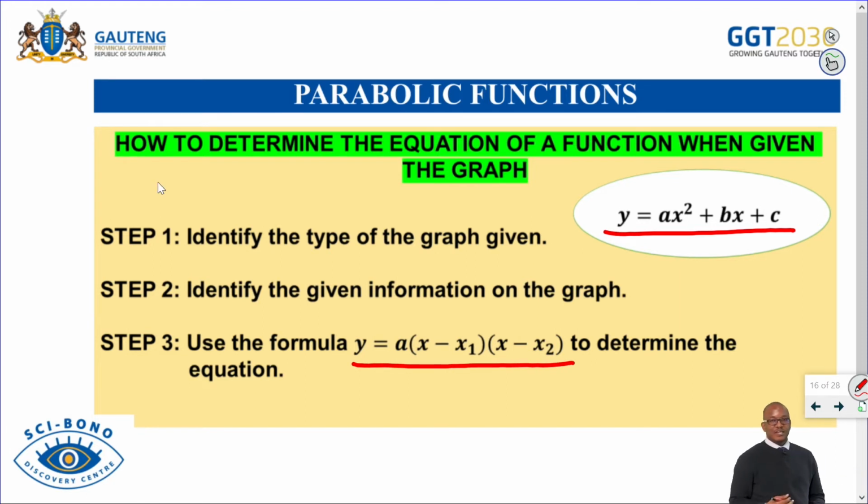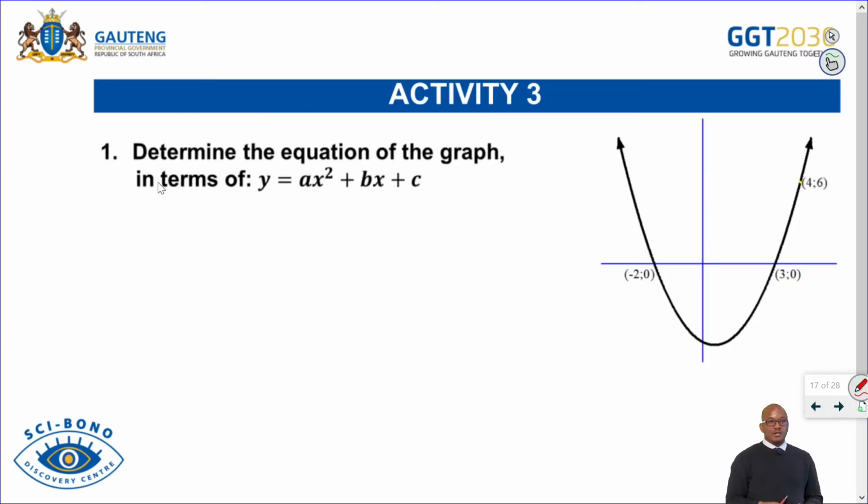This one is not there in your formula sheet, so you must know it by heart. It's y is equal to a into x minus x1 and x minus x2. To determine the equation in this standard form, we have to use this formula. So now, let me show you how to use that formula.